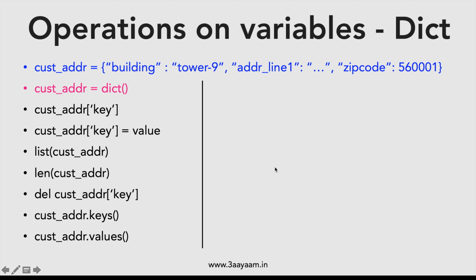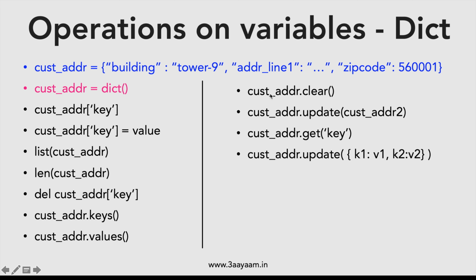Then we have a few more operations that you can do. You can clear the entire dictionary using this clear method, and we can update the entire dictionary with a new dictionary also, meaning that, let's say customer address 2 is another dictionary with maybe same key or different key, but maybe with same value and different value.